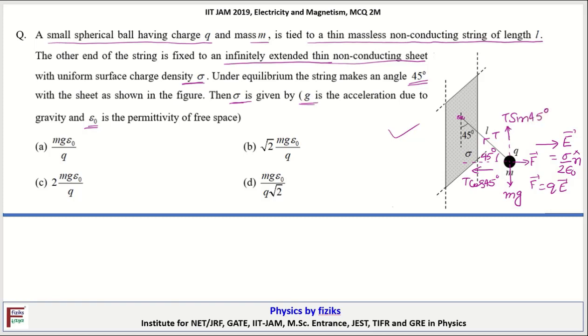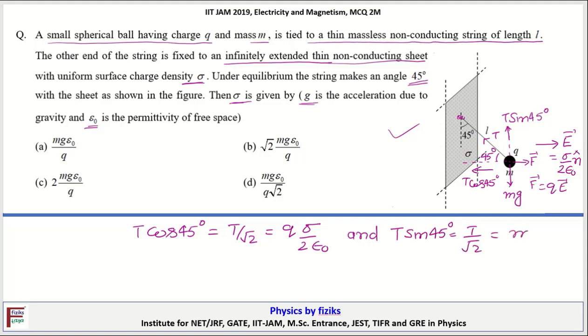So the horizontal component is T cos 45 degrees and the vertical component is T sin 45 degrees. If we equate the horizontal component, T cos 45 degrees, that is T by root 2, this will be Q into E, and E is sigma by twice epsilon naught. And if we equate the vertical component T sin 45 degrees, that is again T by root 2, that is equal to mg.